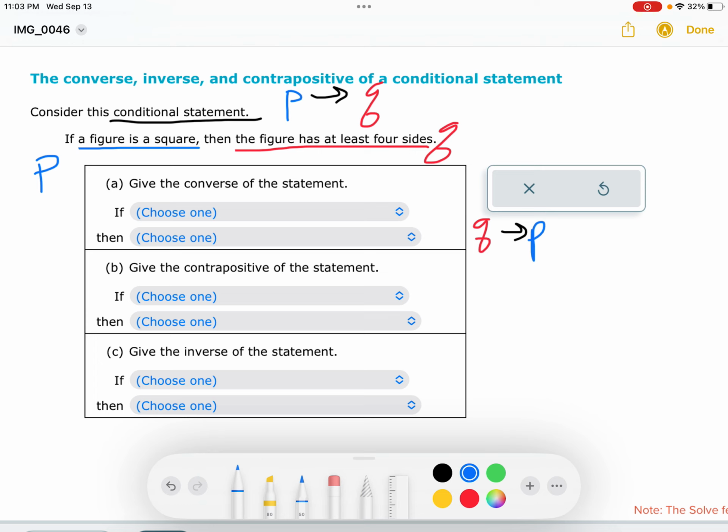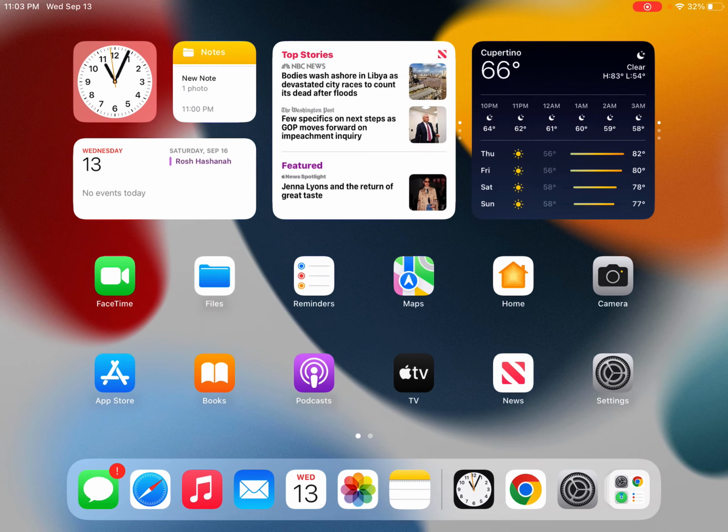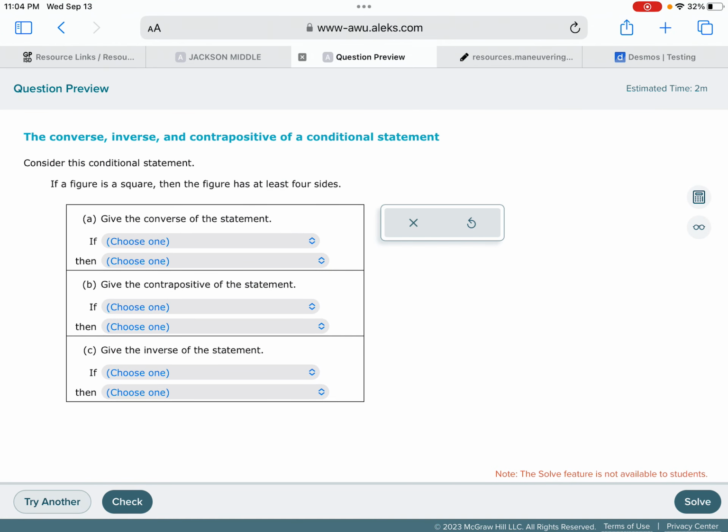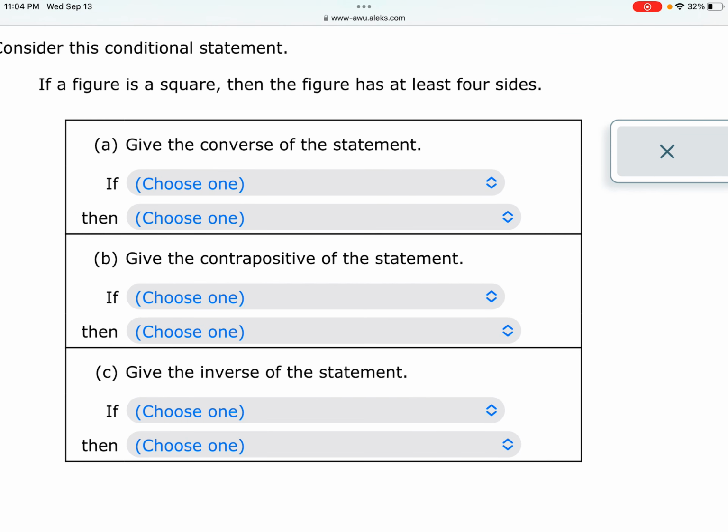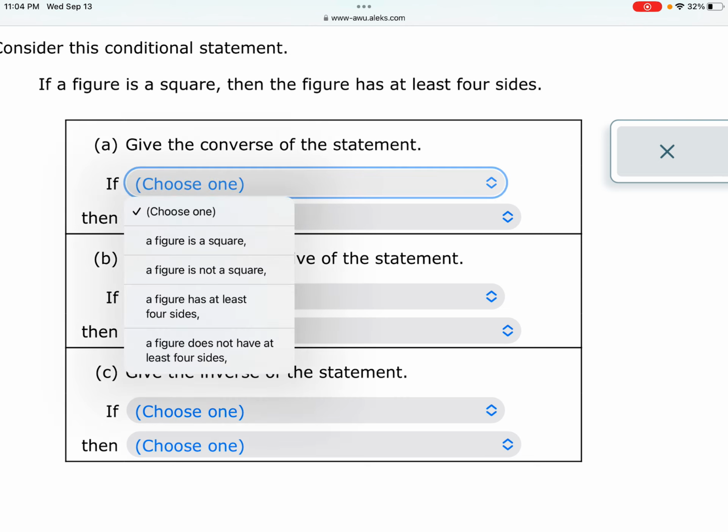If I go to your assignment, I'm going to see what my options are, and I'm going to pick the one that says if Q, the figure has at least four sides. I'm going to put that first, then P, which we said is a figure is a square. I'm going to go to your actual web page because I can't write on it, so I have to jump between the notes and the web page. For the converse, I said if Q, which was the figure has at least four sides, so I'm going to say if a figure has at least four sides.